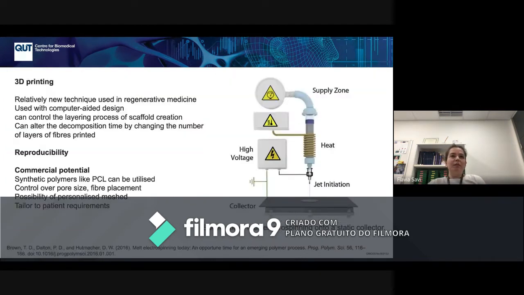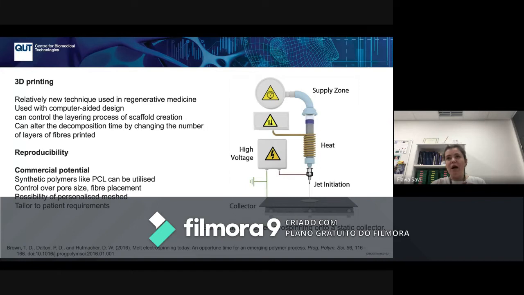So 3D printing is a relatively new technique used in regenerative medicine, and it is used with the help of computer-aided design. You have a software where you put your code and you design your scaffold. You can control the layering process of the scaffold. You can alter the composition of the scaffold as well by changing the number of layers and fibers that are going to be printed.